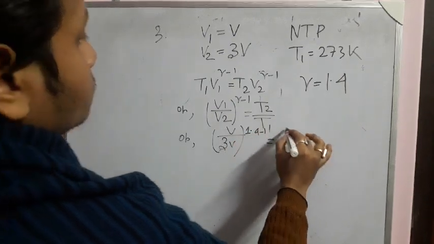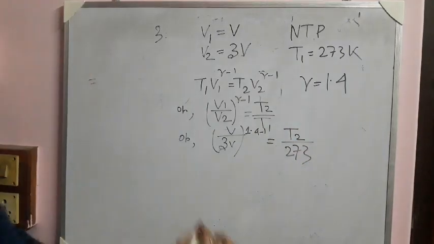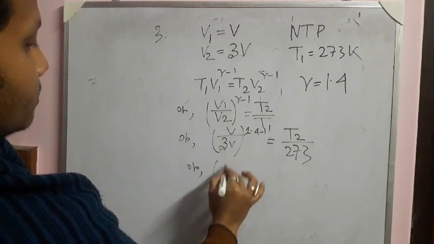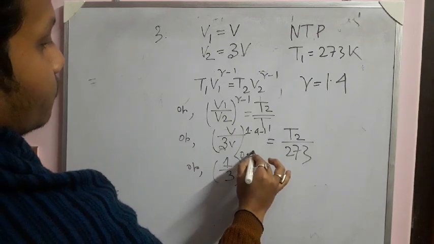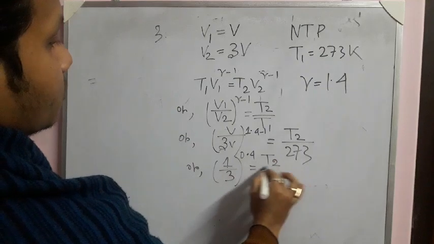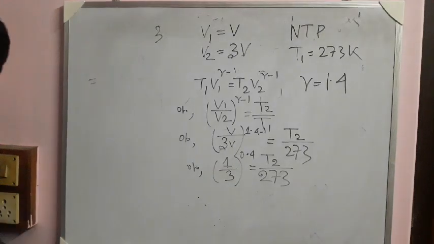And this is T2 by 273. So this will be simply 1 upon 3 to the power 0.4 equals T2 upon 273. So from which you can calculate T2.